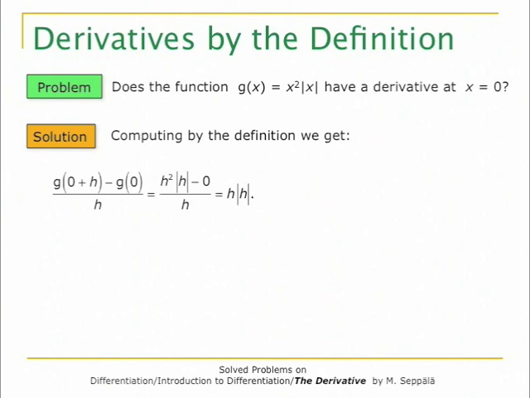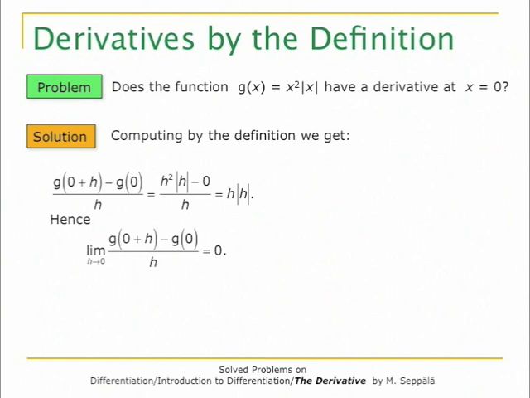You plug in place of g its definition. So g of h is h squared times absolute value of h. g at 0 is 0. So the whole expression becomes h squared times absolute value of h minus 0 divided by h. Now h cancels out and you get h times absolute value of h.